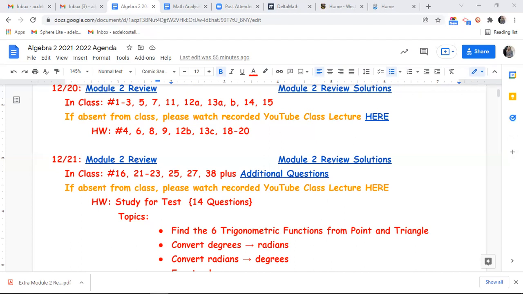And 30 should be familiar as well. So I'm going to quickly label on here ASTC. And the tangent is also positive. So I'm going to do positive tan of 30. And now I'm going to pull your 30, 60, 90 triangle, or if you have this memorized, you're not required to draw the triangle. So here's your 30, 60, 90. Across from the 30 is always a 1.